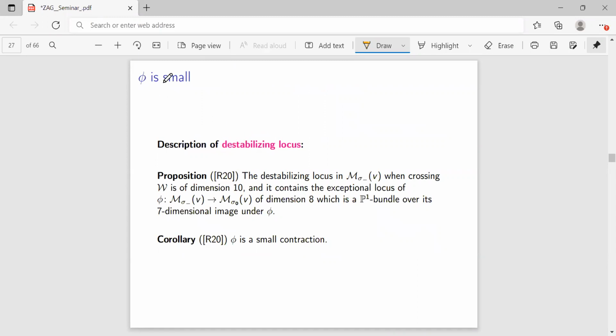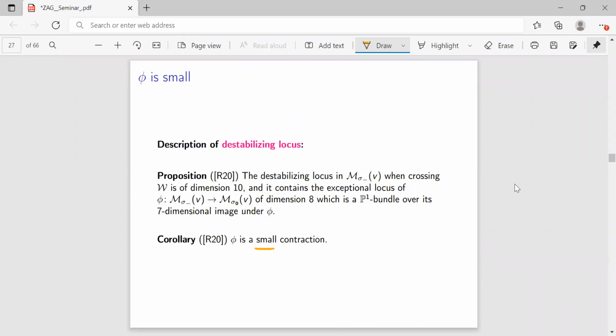Okay, as I said, to say that the map phi is small, we need to describe the destabilizing locus. Basically, we don't need the detail of this proposition here. It's just looking at the dimension of this locus here and then noticing that this is a P1 bundle, then that simply implies that this is a small contraction.